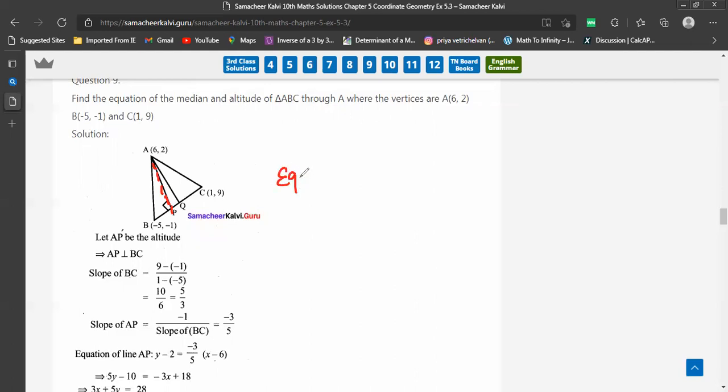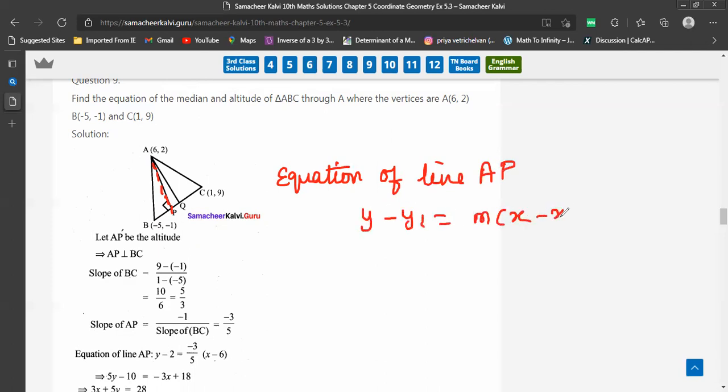So the equation of line AP can be written as y minus y1 is equal to m into x minus x1. So you need to know what is m, what is x1 and y1. So it is the equation of line AP.